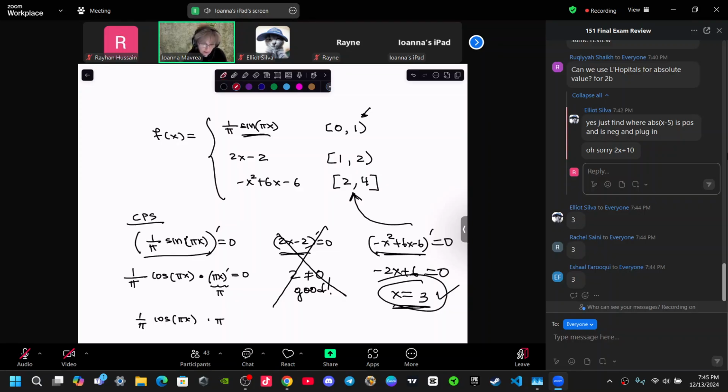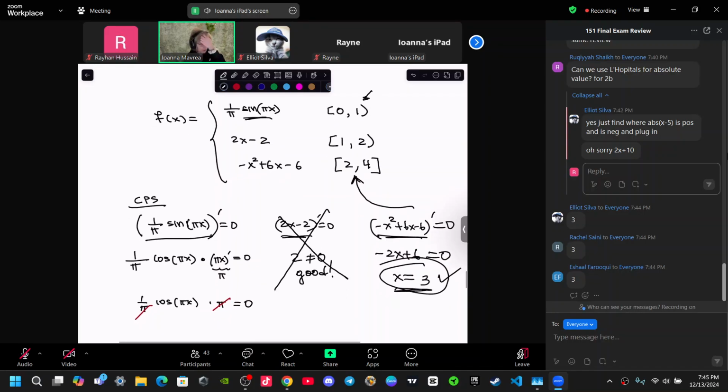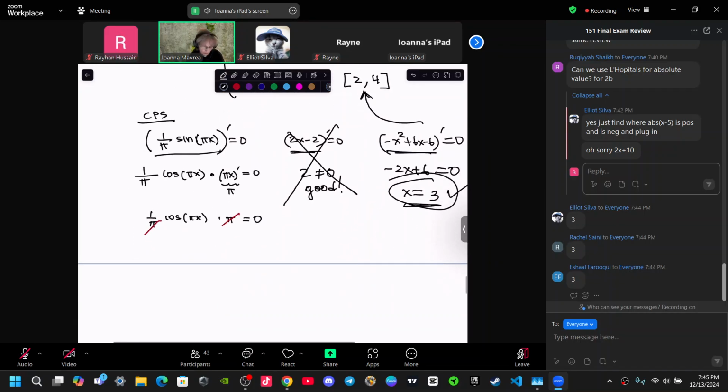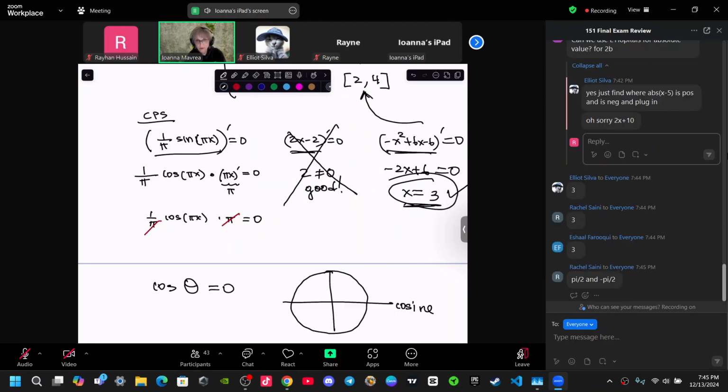So the pi's cancel. And I will set this equal to 0, and I'm going to find when cosine of pi x is equal to 0. Well, cosine of whatever is equal to 0 where cosine is the x-coordinate on the unit circle.